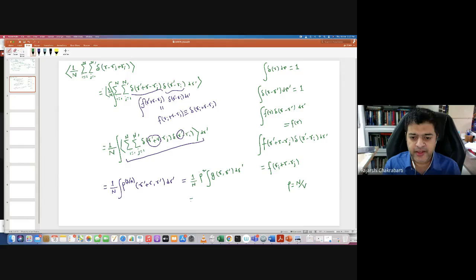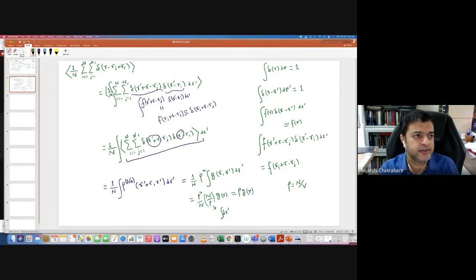Since I can integrate over dr prime, if it is a homogeneous fluid, then I have rho square by n, because this dr prime integration will give me V, and v is actually n by rho. So essentially you have rho times g of r.